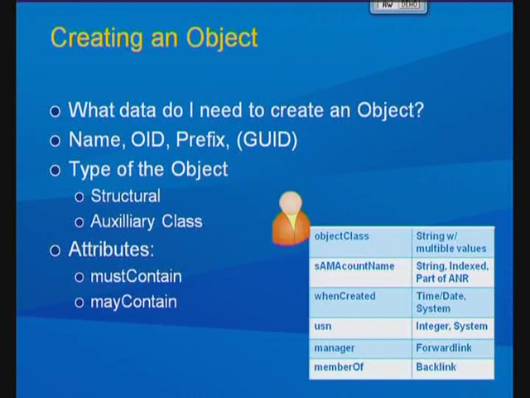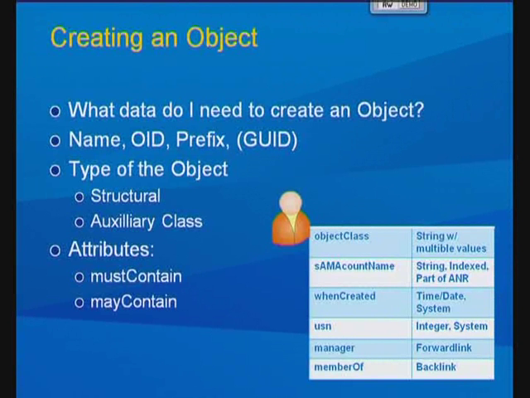So if you configure, for example, shoe size as must contain for your users, you have to make sure that every administrative interface your administrators use to create a user also includes the shoe size attribute, because otherwise the creation of this user will fail. You need to fill this in upon creation.